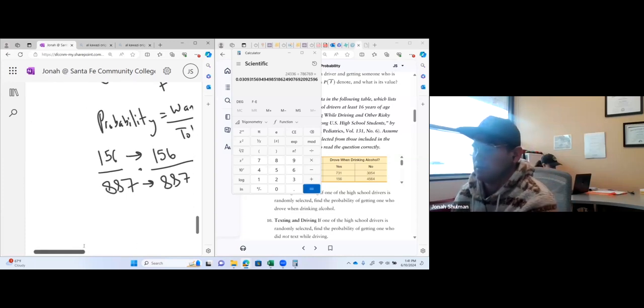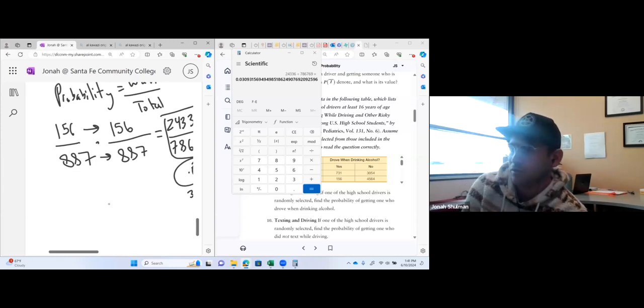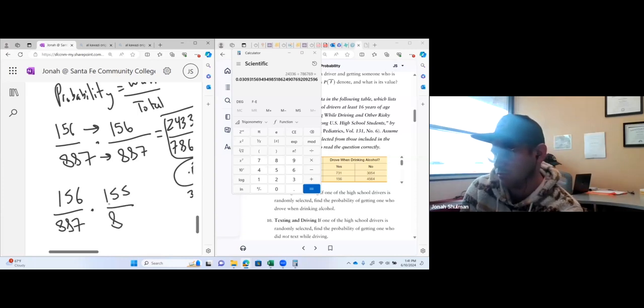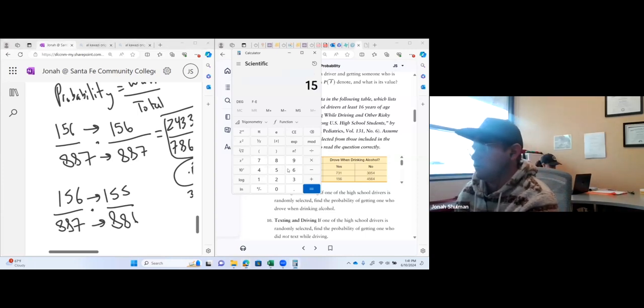The second one says we're going to do the same thing, but without replacement. So that's the 156 over 887, and we're multiplying this by, we take one out, and our total also drops, so 156 times 155.